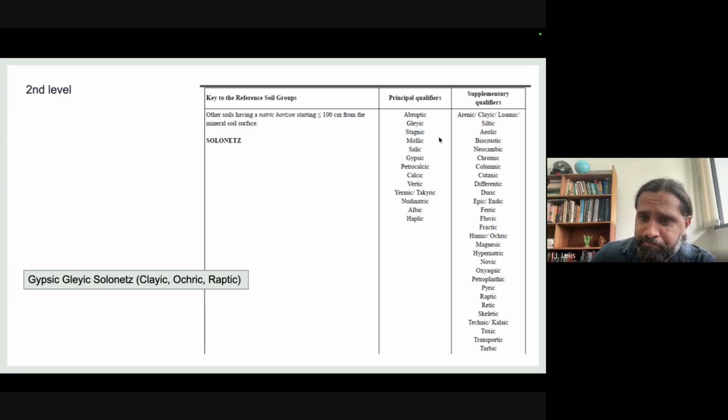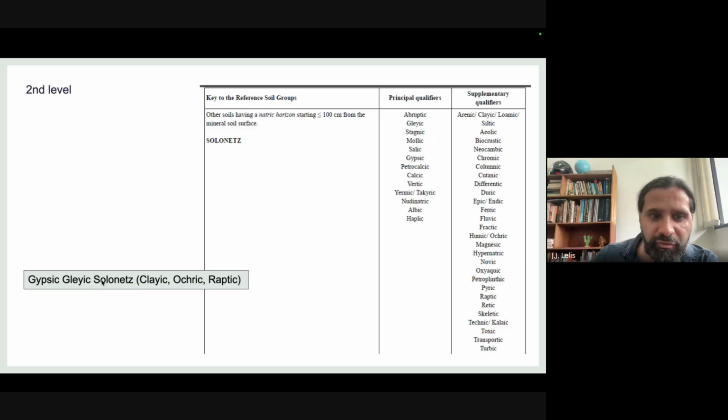And the qualifiers that are below are always in the beginning of the sentence, or let's say farther from the RSG. Okay, so if I have 1, 2, 3, 4, 5 qualifiers, doesn't matter. Those that are at the end of the list should be in the beginning of the sentence. And those that are in the beginning of this list should be closer to the RSG.